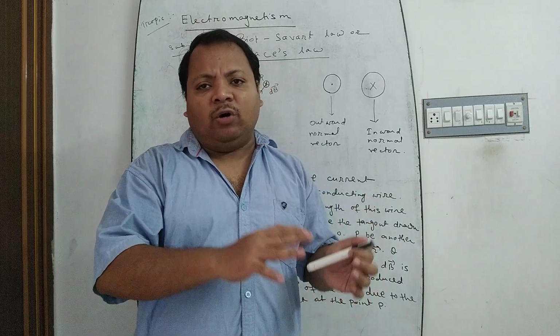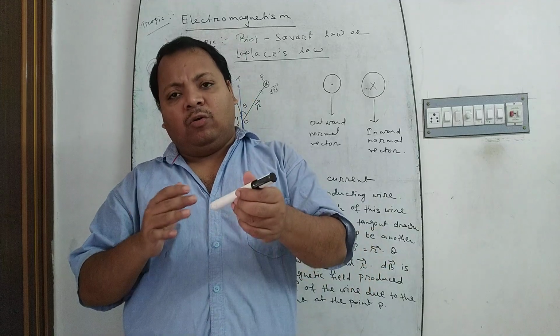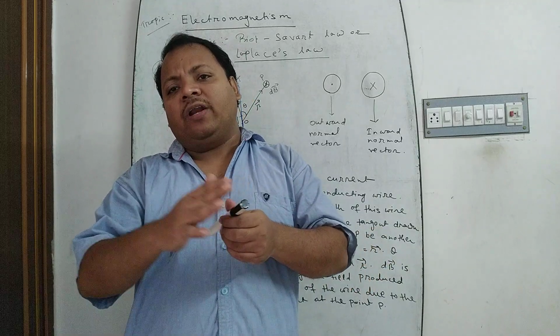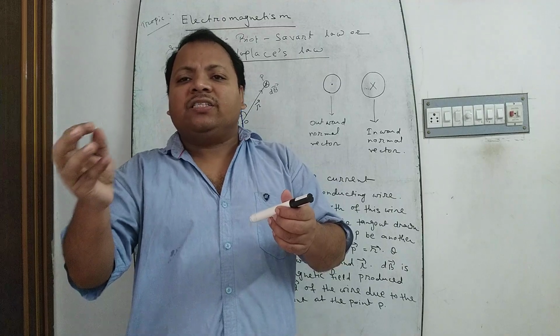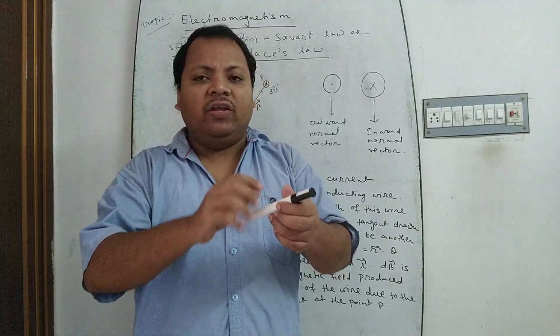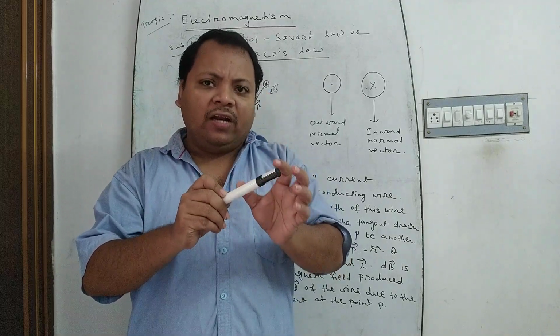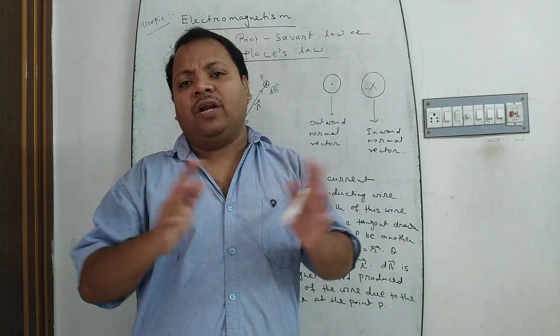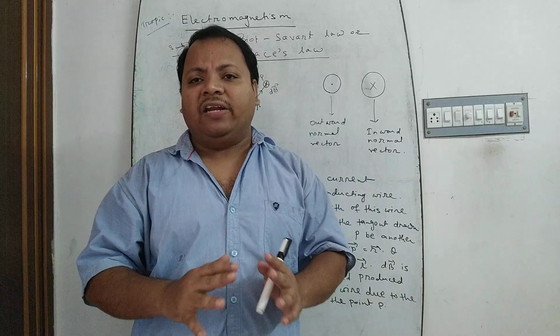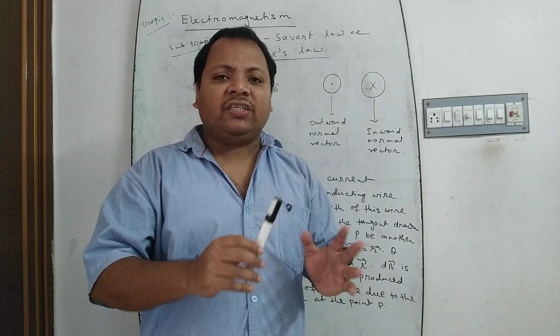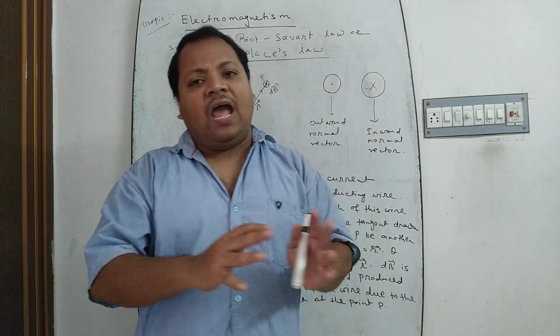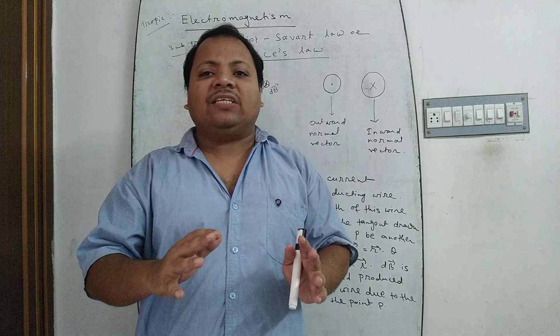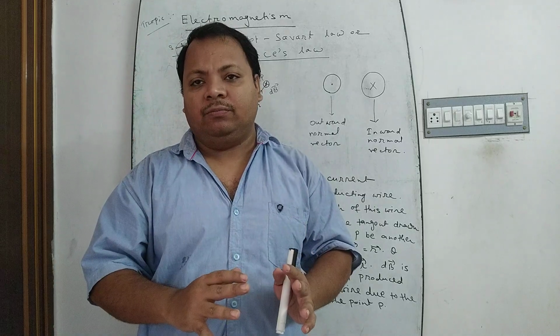On the other hand, when current passes through the wire, if a powerful magnet is brought near the wire, then the wire is also deflected. This phenomenon is known as electromagnetism. That is, the interaction between the electric field and magnetic field is known as electromagnetism.